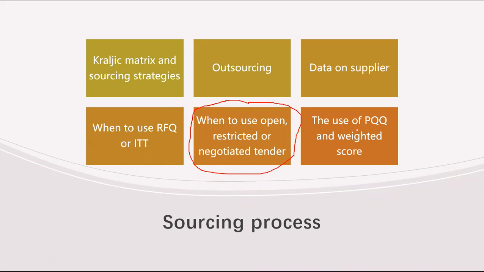For example, we purchase pens or paper or other types of stationery for our office. They are very simple and standardized items, so we should not use weighted score, to avoid waste of energy and time.